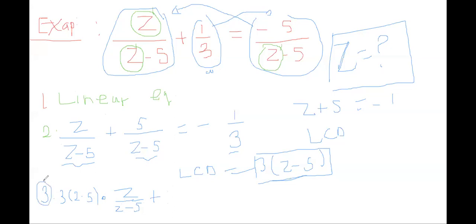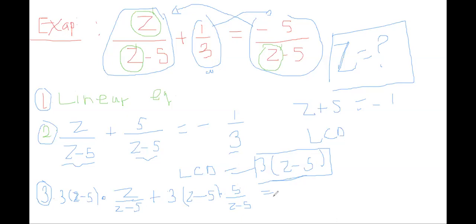Please remember this is numbering before you mix it. This will be 3 in bracket z minus 5 times 5 over z minus 5.